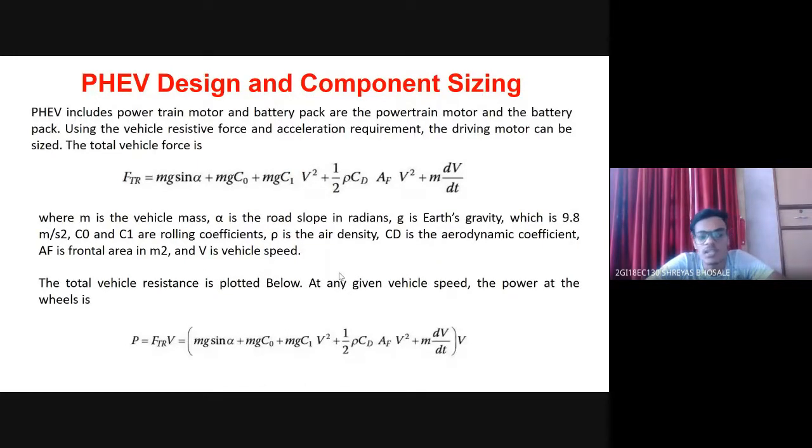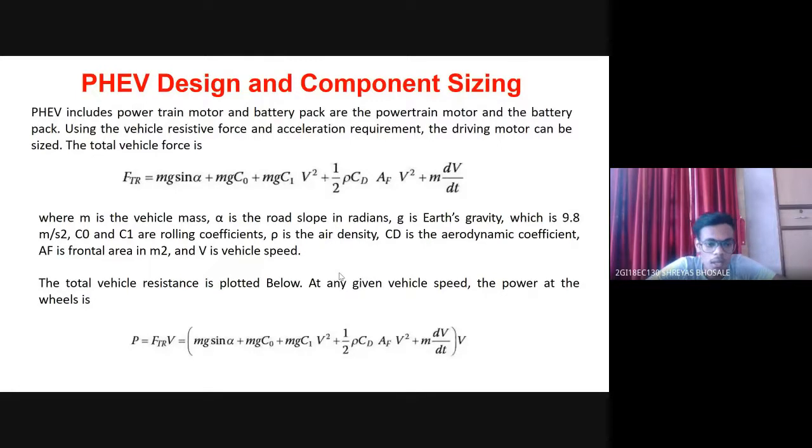The main components of PHEVs are the powertrain and the battery pack. Using the resistive force and acceleration requirement, it can be sized. The total vehicle force is given as mg sin alpha plus mg c0 plus mg c1 v square plus 1/2 rho Cd Af v square plus m dv/dt, where g is the Earth's gravity, m is the vehicle mass, alpha is the road slope in radians, c0 and c1 are the rolling coefficients, rho is the air density, Cd is the aerodynamic coefficient, Af is the frontal area, and v defines the vehicle speed.